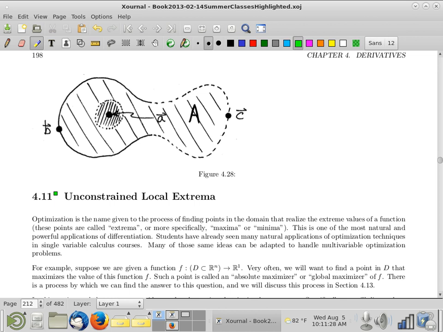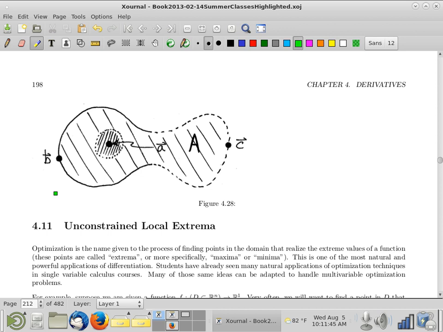So in particular, notice that this is a two-dimensional set that I've drawn. Analogously, there are three-dimensional subsets. There are higher dimensional such sets that you simply can't draw pictures of, but all the ideas that we're going to talk about apply equally well. So the very first thing I need to do is to distinguish points like this one, so A there, from points like this one.